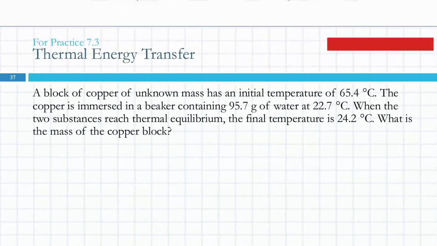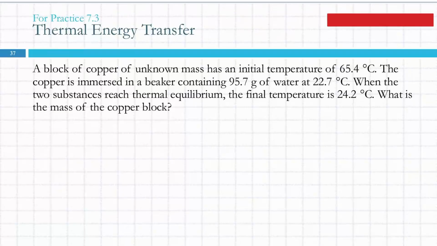That might look something like, I think this is that question. A block of copper, which I believe has a C value of 0.385 joules per gram degree Celsius, of an unknown mass, has an initial temperature.